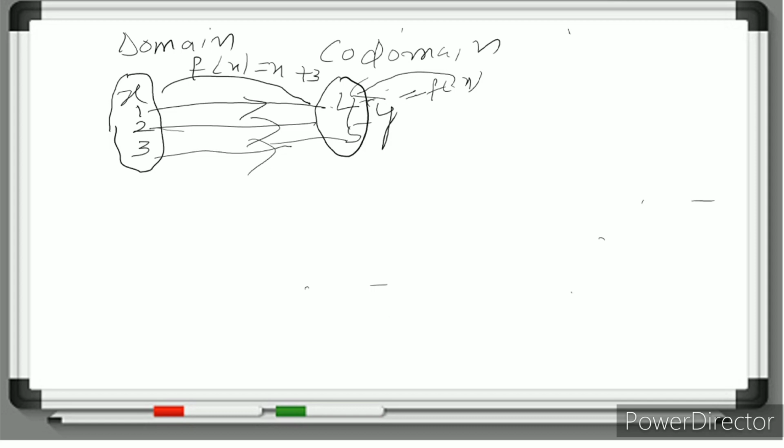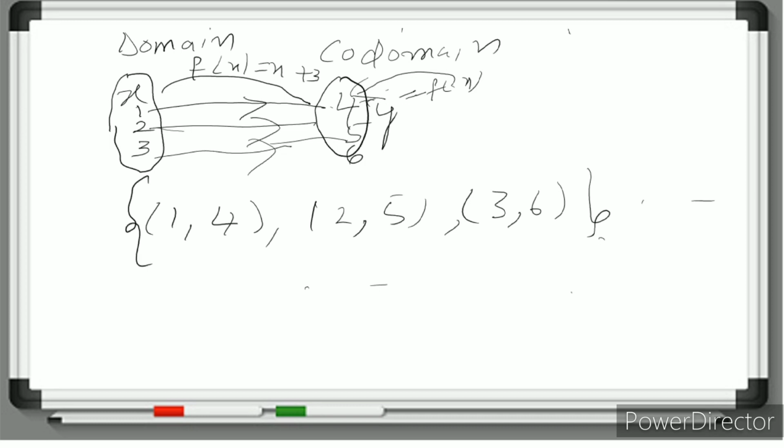See, now I got these ordered pairs with input and output: 1, 4, 2, 5 and 3, 6. This set of ordered pairs, I can call it a relation. What is a relation?